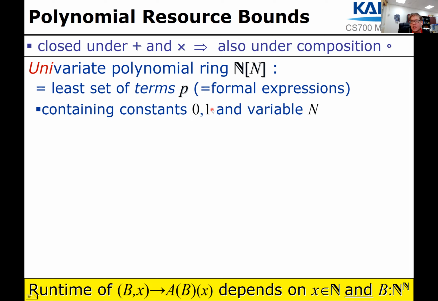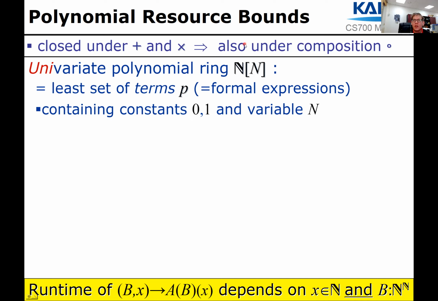An easy but important observation is that this set of terms is closed under composition in the usual sense, which is not axiomatically imposed, but it's a consequence, right? So if we have closure under multiplication and addition, then we also get closure under composition.